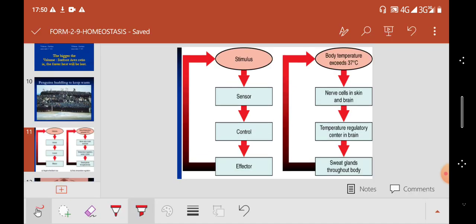So a change in temperature will always be detected by a receptor or a sensor. Then that information will be transmitted in terms of an impulse to the control, or an organ that controls that change. And the organ which will bring about that change is called an effector.